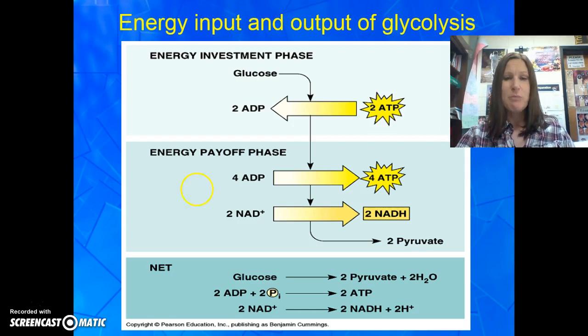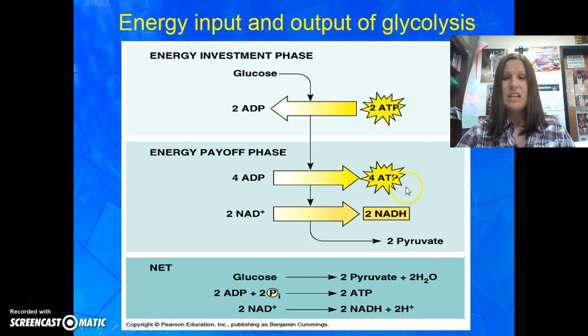And what's going to happen is we're going to get 4 ATP produced due to substrate level phosphorylation. And we're going to get 2 NADH. Remember, NAD is our electron carrier. And so NAD has now been reduced because it's gained electrons. And it's now NADH. And we get these 2 pyruvate.